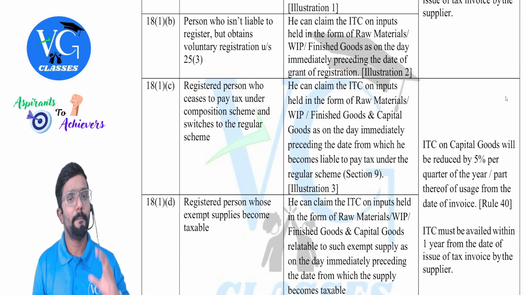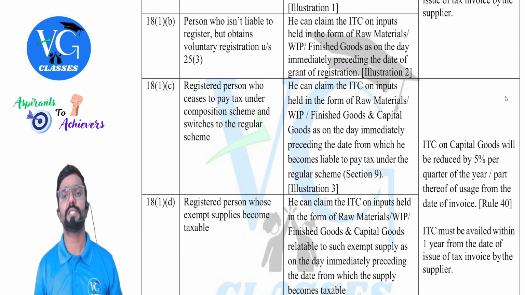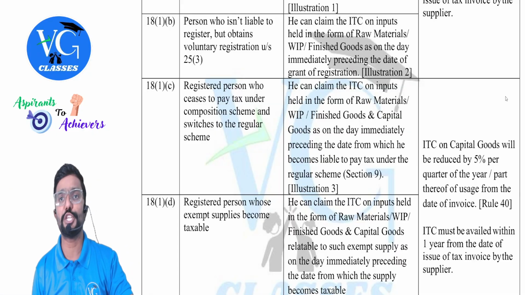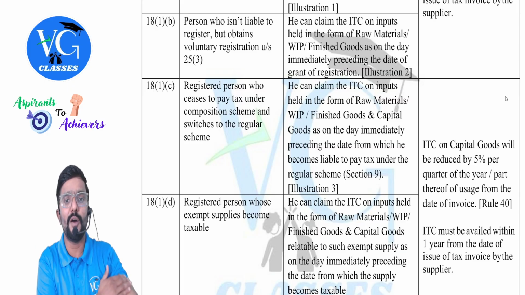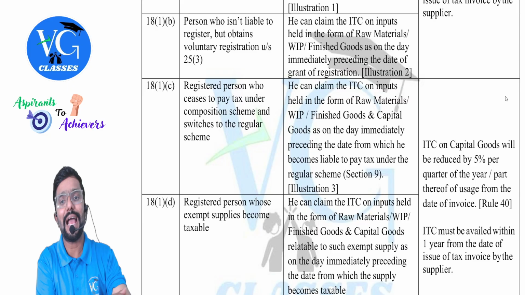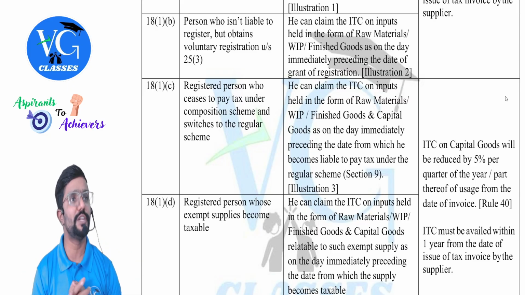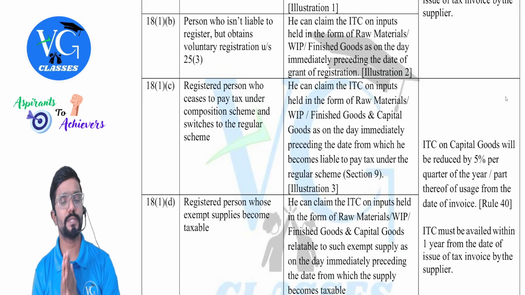18(1)(b). A person who isn't liable to register, means I was not at all liable, but obtains voluntary registration as per Section 25 subsection 3. In that case also, can I claim the credit? Yes. You can claim the ITC on inputs held in the form of raw materials, work in progress, finished goods as on the date immediately preceding the date of grant of registration. Okay, so simple.